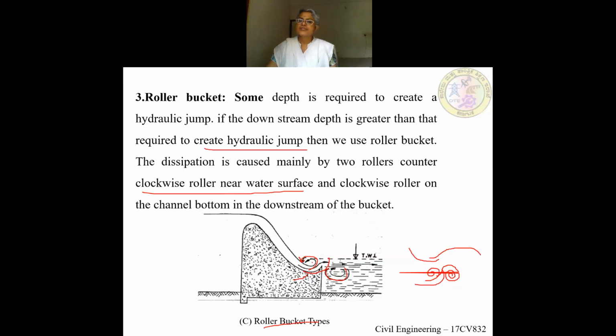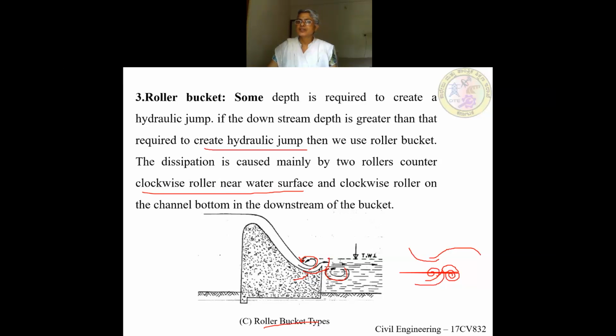So in brief, we discussed what energy dissipators are. Energy dissipators are required to reduce the energy of the water flowing from the upstream side to the downstream side of the dam, where because of the difference in elevation, the velocity will be high and energy will be high.